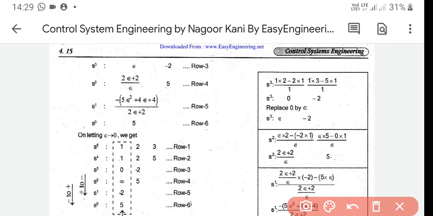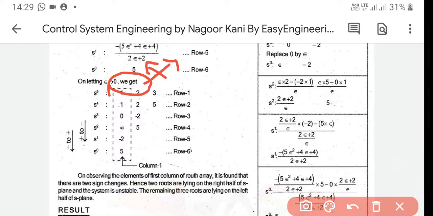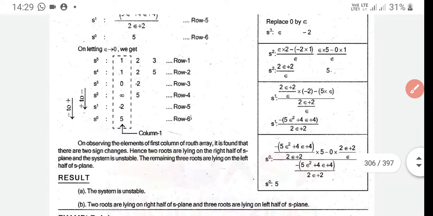So 2 into epsilon plus 2 divided by epsilon into minus 2, minus 5 into epsilon, divided by the coefficient 2 epsilon plus 2 by epsilon. So what is the value here? After simplification you will get the value as minus of 5 epsilon square plus 4 epsilon plus 4 divided by 2 epsilon plus 2. Okay, that is s power 1.